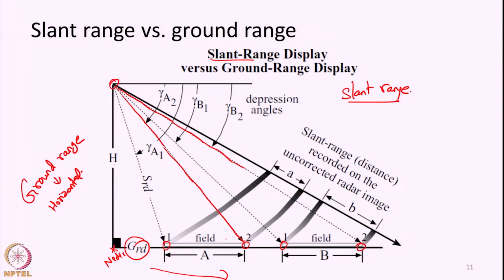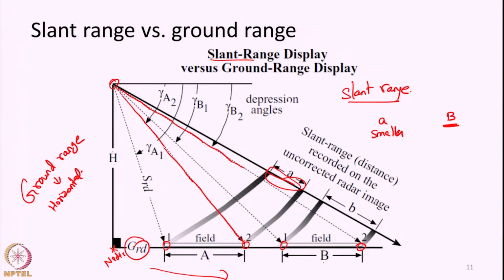Because of this slant range image acquisition, we will see later that objects in the near range will be compressed compared to the objects in the far range. Here we have two features A and B, two fields, both of them have the same linear dimensions, but since A is in near range and B is in far range, A will appear compressed in the radar image in comparison with B. So, we may think of A as a smaller field, with smaller dimensions when we compare it with field B. This can happen because of this slant range measurement.